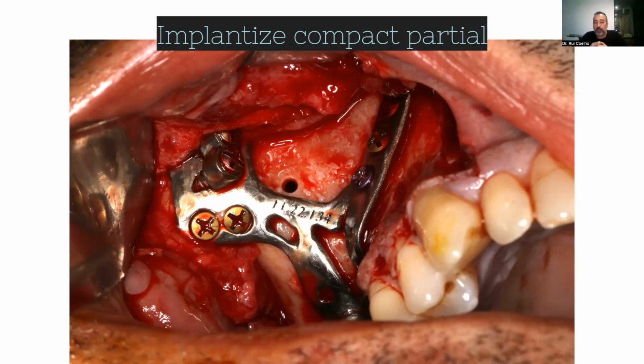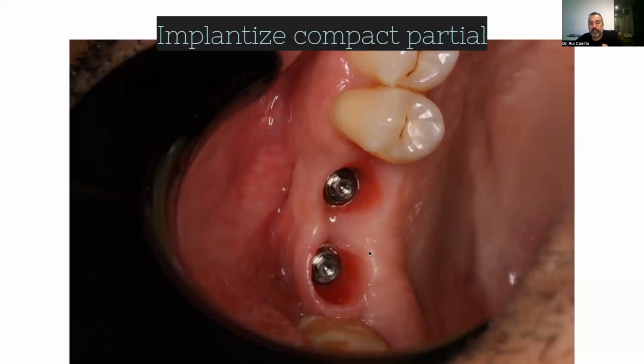Okay, it's not really the truth for the inferior. The inferior always has to have the design, but due to the bending of the mandible, the flexion of the mandible, that's why we do these parts here. And this is the healing.